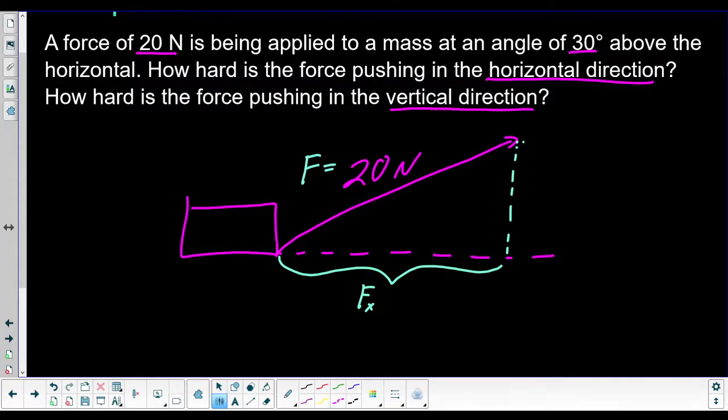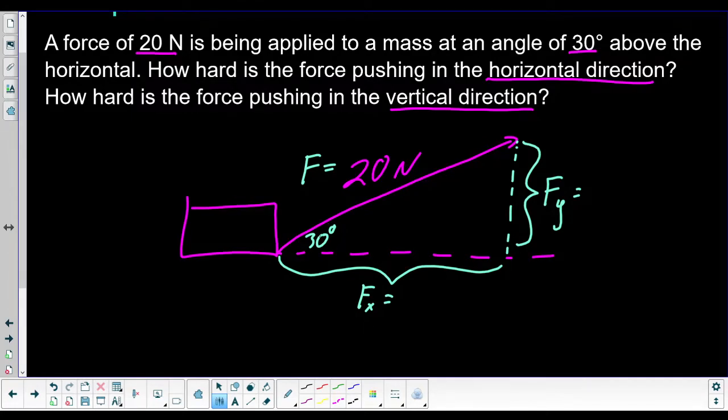And then this length here will be the y component. So for us to find these, all we need to do is a little bit of trigonometry. Here's our 30-degree angle.